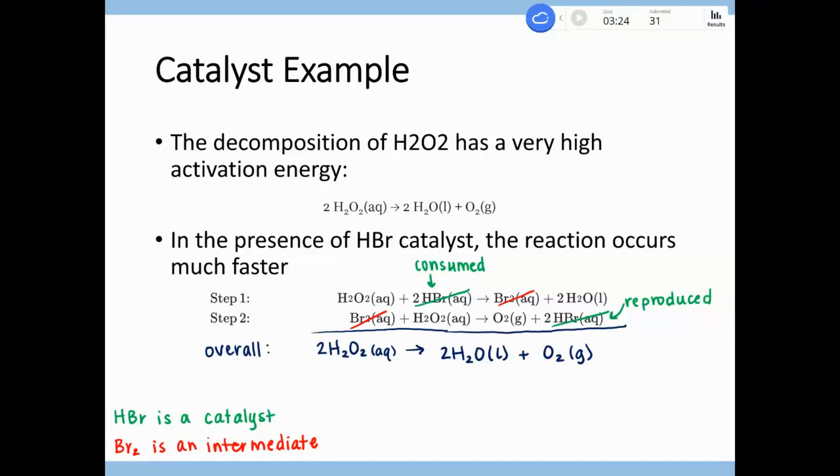I just have a question. So when things are canceled out of the overall equation, that is only going to be an intermediate or a catalyst? Yes, either or, just those two will be canceled out. For the elementary steps that we are working with, we will be canceling out intermediates or catalysts.